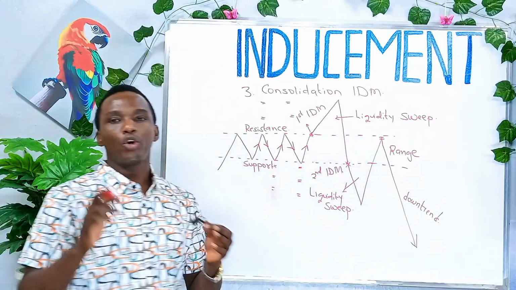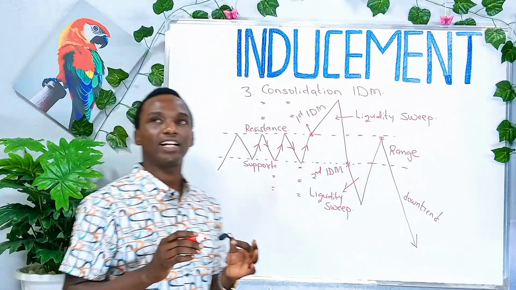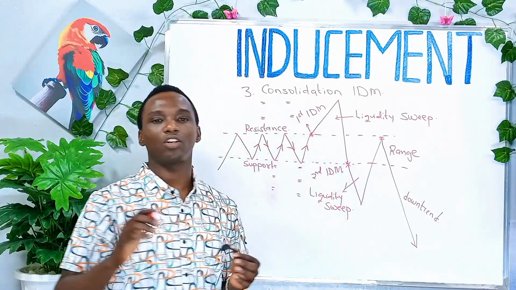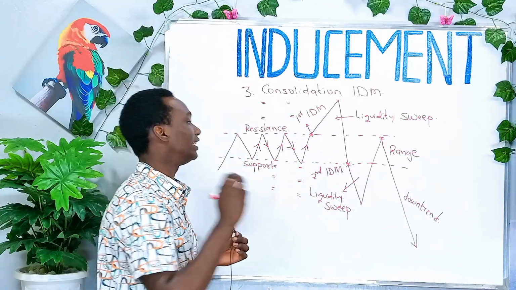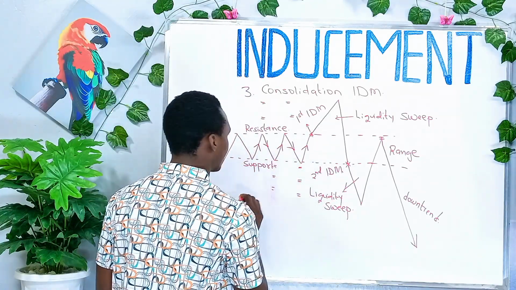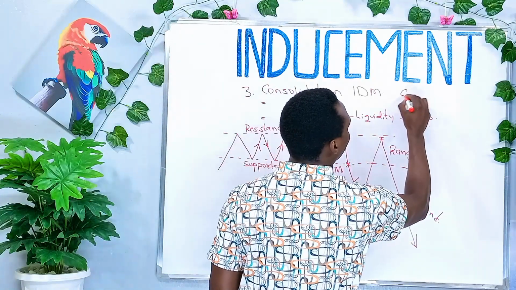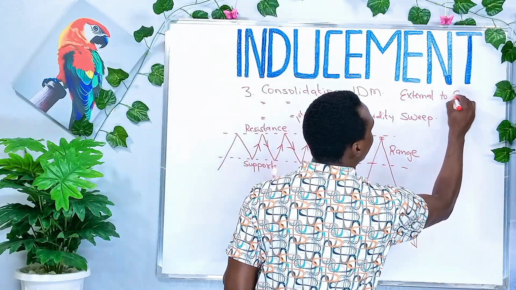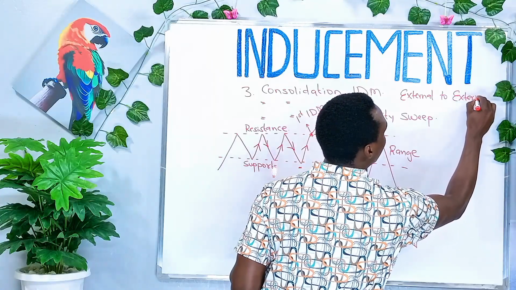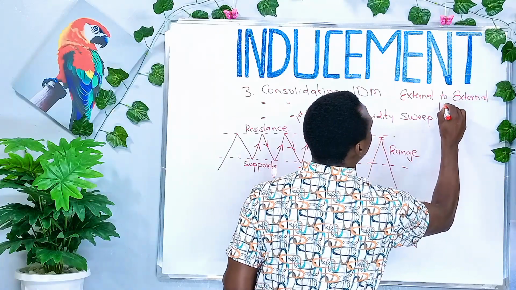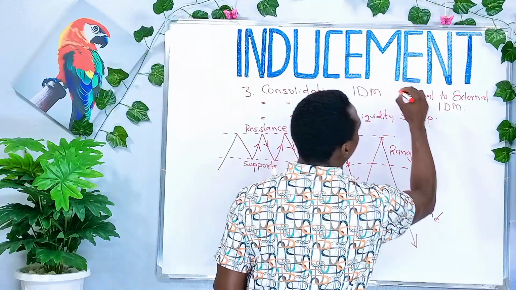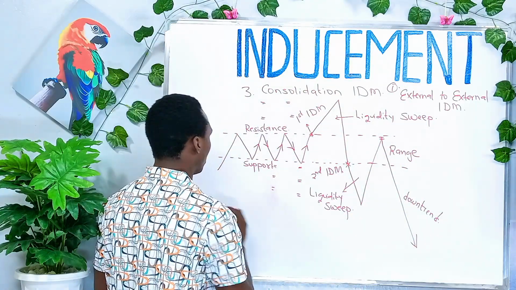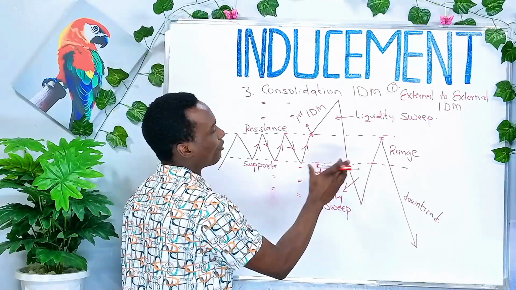Okay, so some of the traders, you'll hear them calling this external to external inducement, external to external IDM inducement. Okay, or you may hear some other traders calling this the power of three.